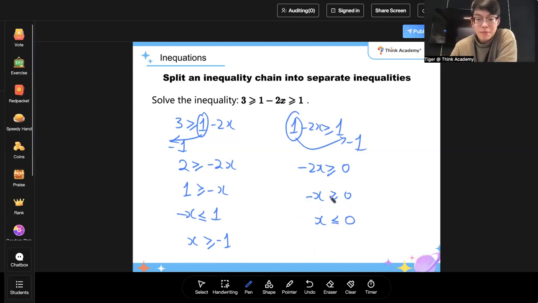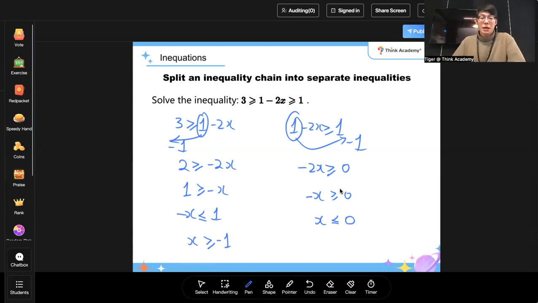For example, if minus x is greater than or equal to 0, it means it's on the right of the number line. And if you take the opposite number of minus x on the number line, it goes to the left side, taking the mirror image across 0. So it's going to be less than 0.